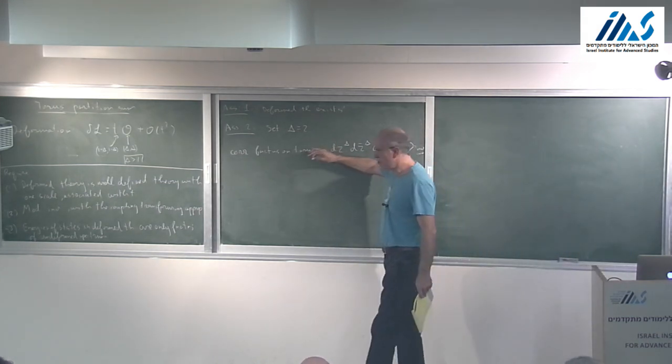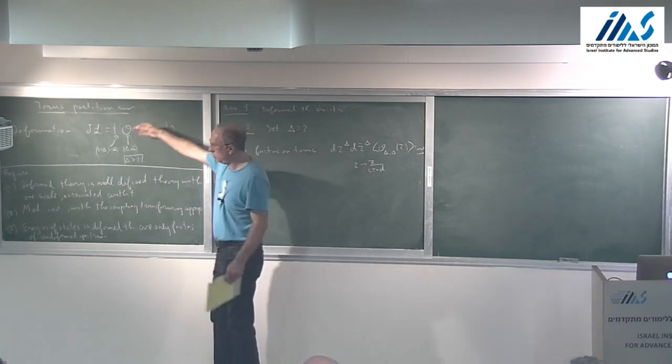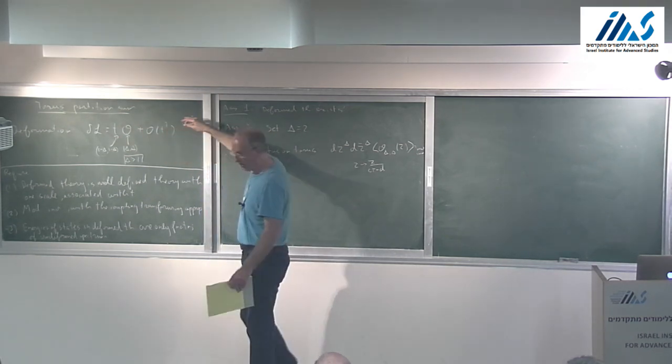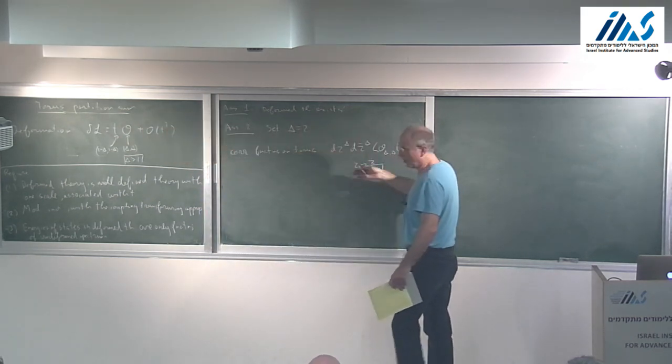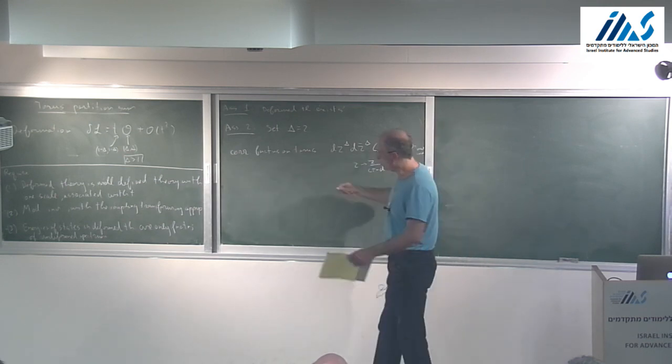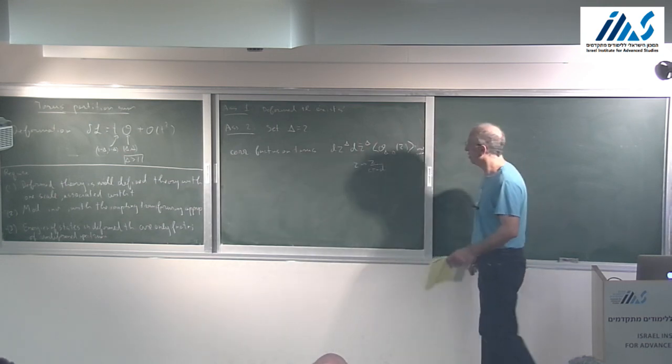The most naive analysis you can do is just expand in whatever this O and the other things here are and integrate and just do a scaling analysis, which will give some answer that I will write in a second.